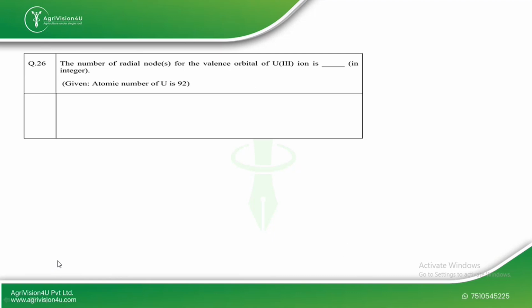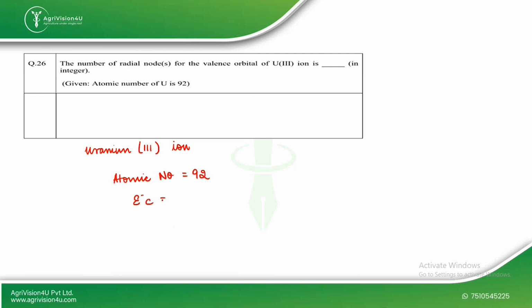Then, the number of radial nodes for the valence orbital of the uranium 3 plus ion. We are given the uranium 3 plus ion. Atomic number is equal to 92.